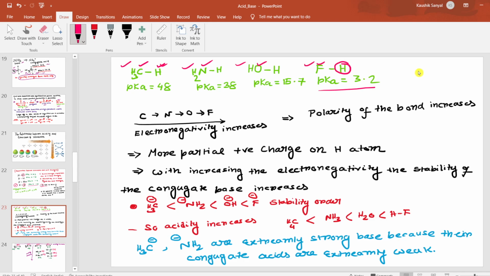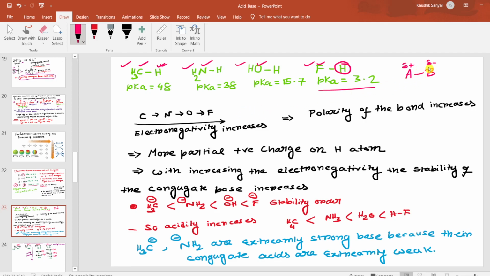We know that if we have a molecule AB, and A and B have a severe difference in electronegativity, then there will be a partial positive charge on one atom and a partial negative charge on the other atom.